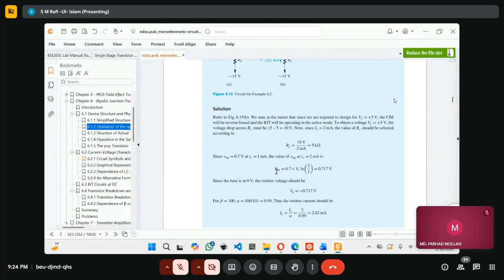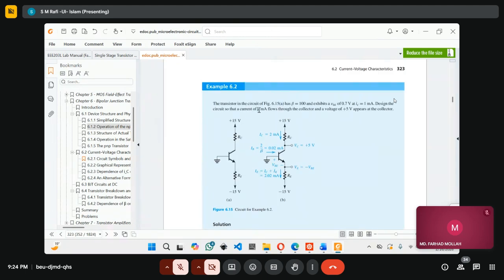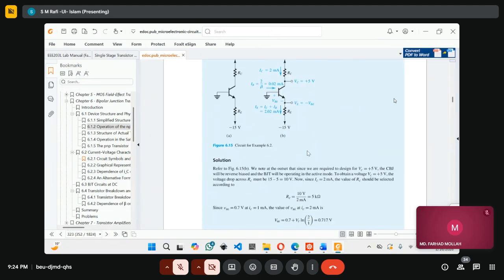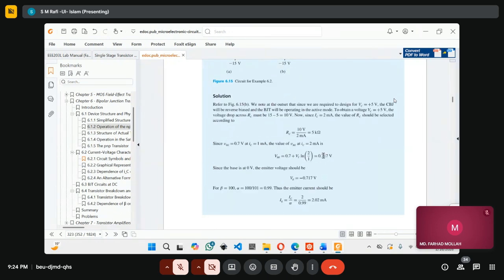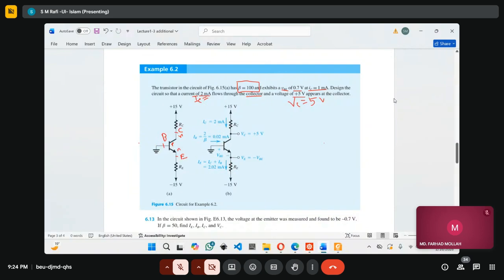You see, they have calculated VBE using this formula: 0.7, because that is the ideal value, plus VT, thermal voltage, times ln of the new current divided by the testing current. The new current was 2 milliampere and the testing current was 1 milliampere, but the result should be almost close to this one. So we are not using this. We will consider this barrier voltage to be constant, 0.7 volt. It will be easy to solve the question then.